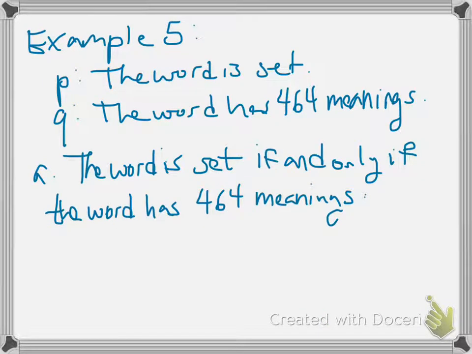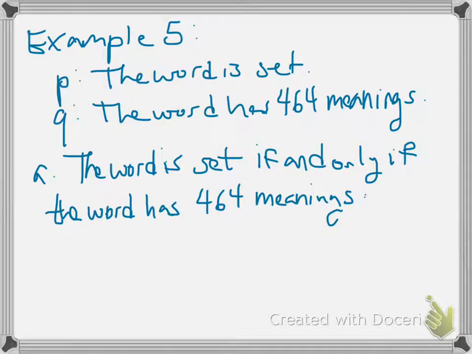Okay, so in example 5 in your textbook, they give us a little table that shows us the words with the most meanings in the Oxford English Dictionary. And they tell us that the word set has 464 different meanings in the OED, which, cool, I never knew that. So, we are saying that P is the word is set, and Q is the word has 464 meanings.